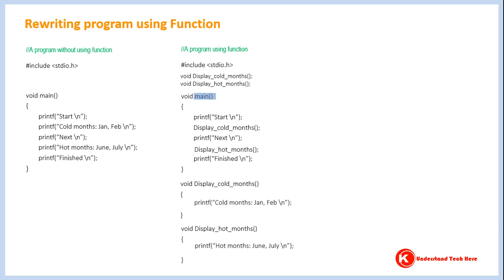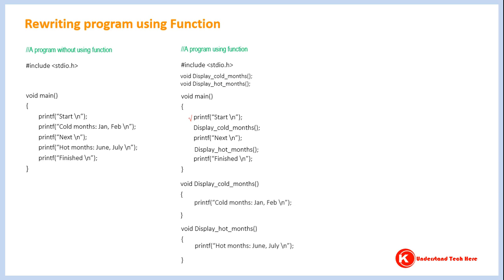Okay, fine. We have rewritten the program using functions. But what happens when you run or execute this program? Always remember, computer first looks for main, and here is main. Now computer executes the first line in main.